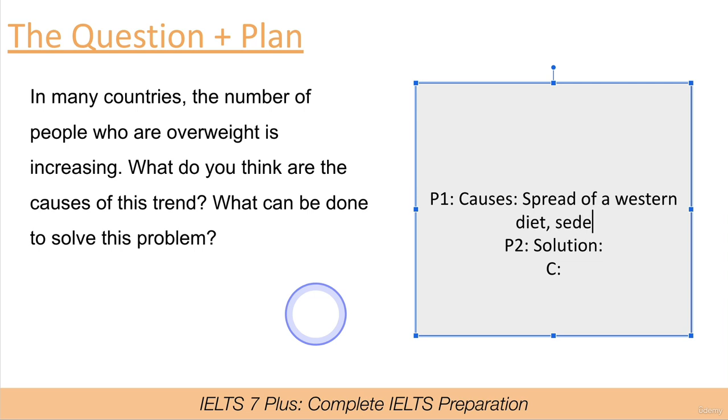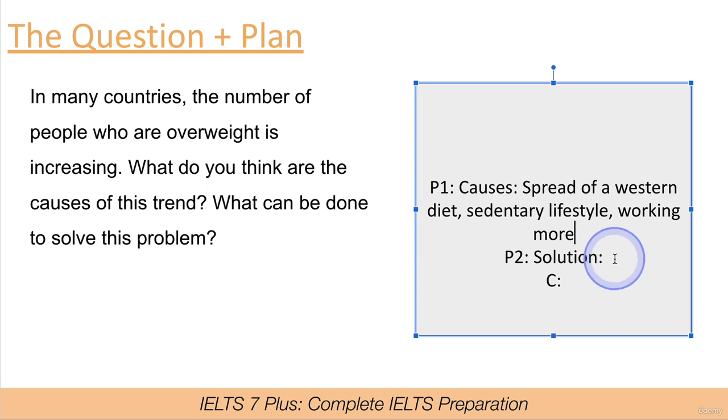I would say the combination of that and particularly after the pandemic, the more sedentary lifestyle. So the combination of the 2. And also people are working more, so they are wanting more convenience foods. There's a cost of living crisis, and a lot of unhealthy foods are not only convenient, but sometimes they're cheaper as well.